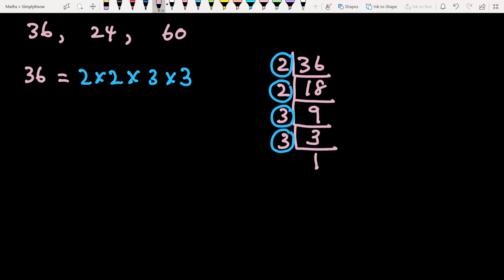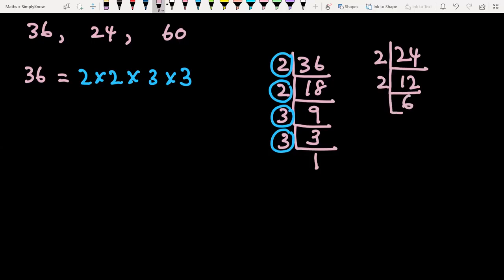Now let's find out the prime factors of 24. Is 24 divisible by 2? Yes. 2 times 12 is 24. Is 12 divisible by 2? Yes. 2 times 6 is 12.